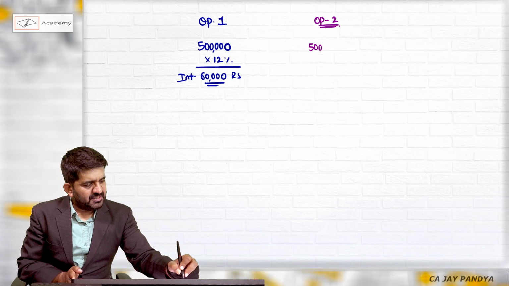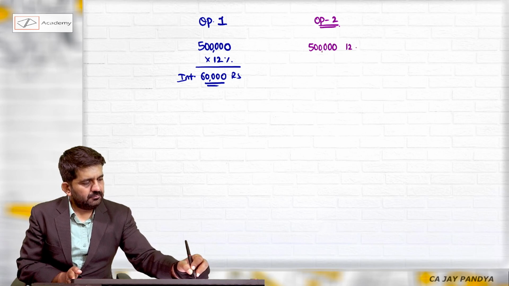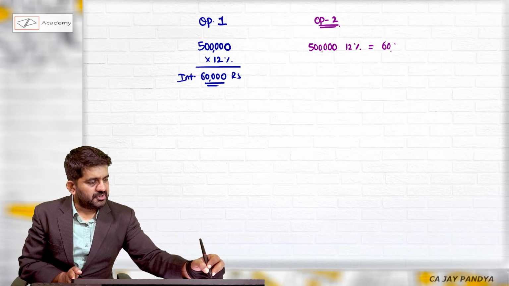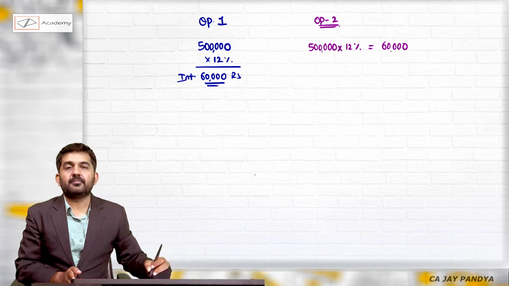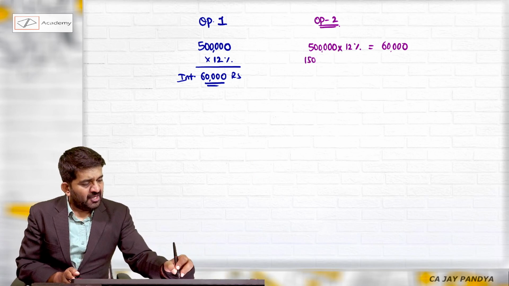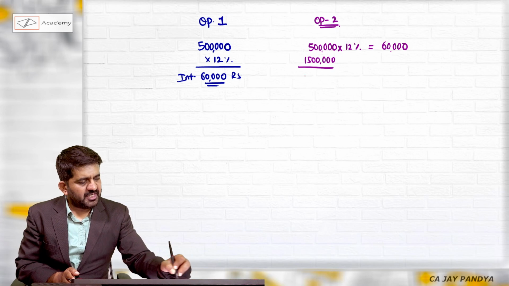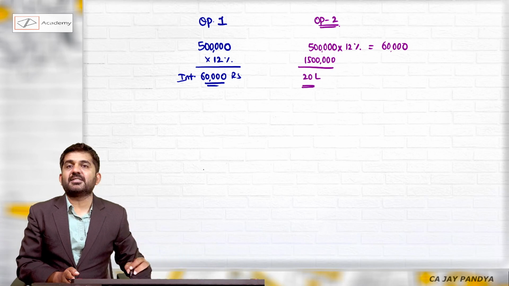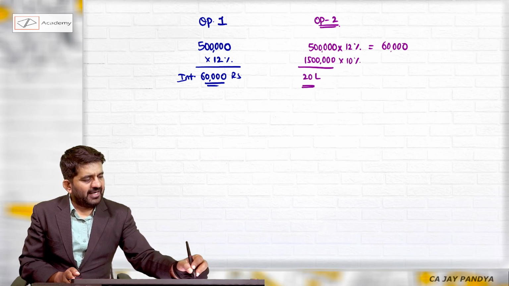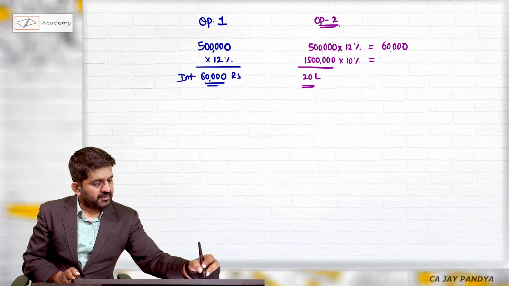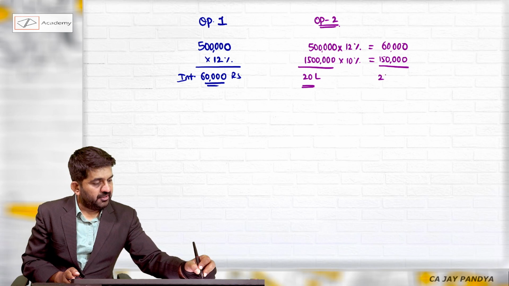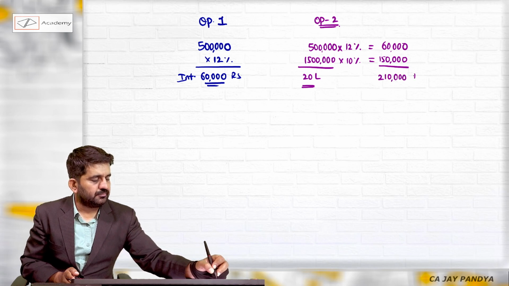Up to rupees 5 lakh, 12%, which is 60,000 rupees. And beyond 5 lakhs, so total how much am I borrowing in option number 2? 20 lakhs. Beyond 5 lakhs, I can borrow at 10%, which will be 1,50,000, and total interest will be 2,10,000.